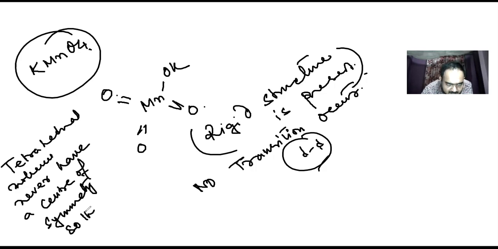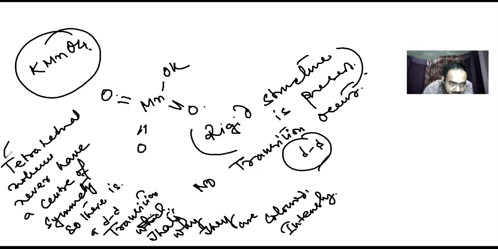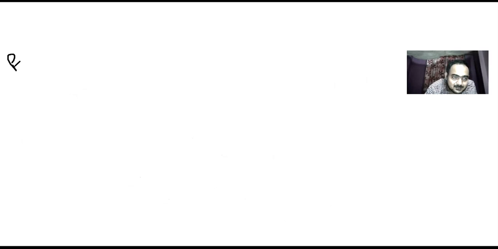So there is no d-d transition, but KMnO4 is very intensely colored.